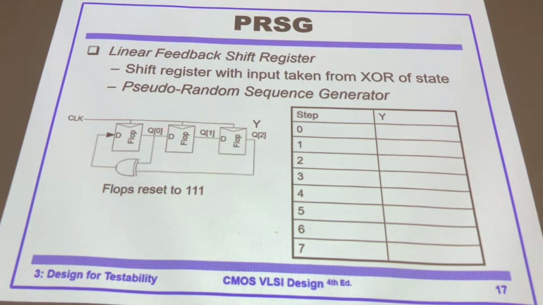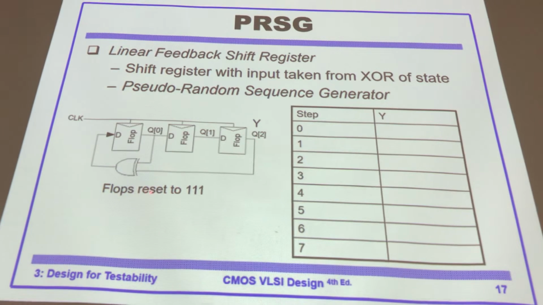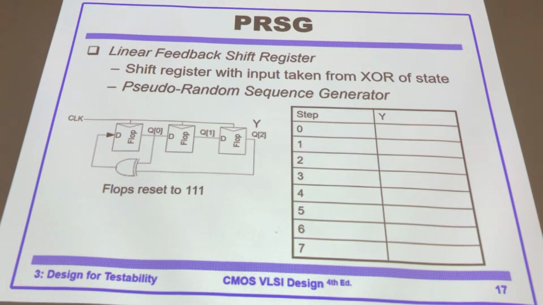The MSB and LSB are reversed: the right side is the high-order bit and the left side is the low-order bit. The initial value on reset is 111. After you apply the reset signal, you get 111 at the beginning.